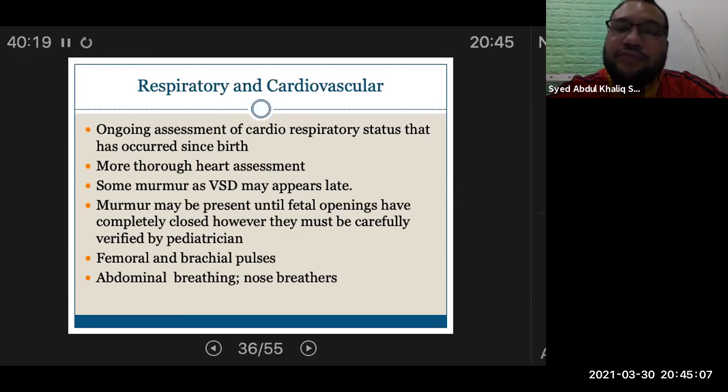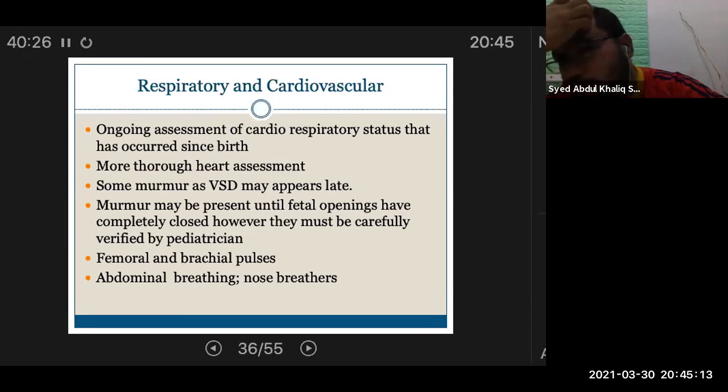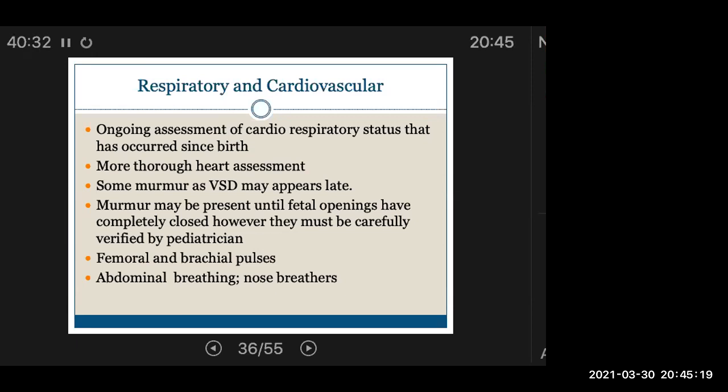Then you assess the femoral and brachial pulses. If there's radiofemoral delay, for example, what's the diagnosis? Coarctation of aorta.